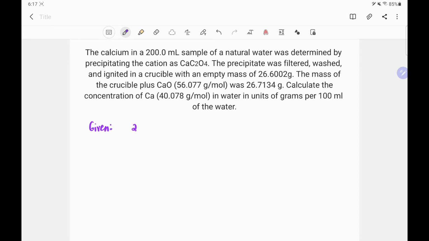We're starting with 200.0 milliliters of sample containing calcium. We know that the calcium was precipitated as calcium oxalate.